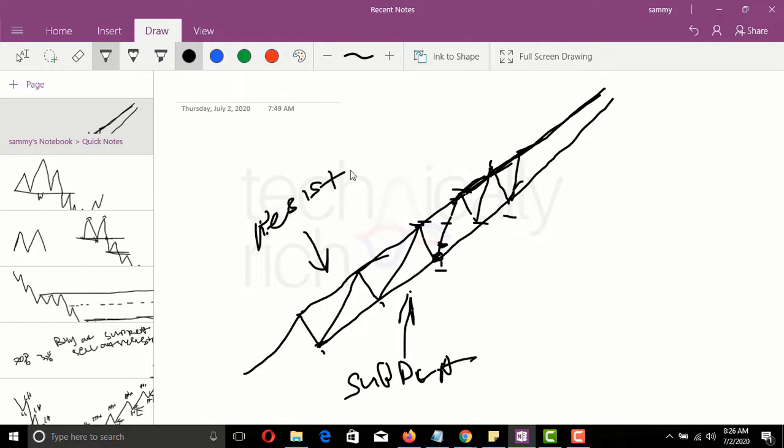So in case you have a breakout from the resistance, the market has to retest this one, and when it retests and respects it, then the market continues. After breaking this one, the market continues moving up.